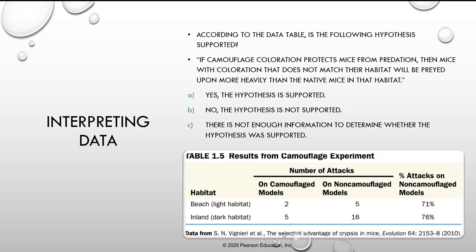Based on that information, was the hypothesis supported? If you said yes, I would agree with you. We see that there is a strong correlation between the non-camouflaged models being attacked. The brown mouse in the white environment sticks out, so it's going to get eaten. And the data supports that, 76% chance.